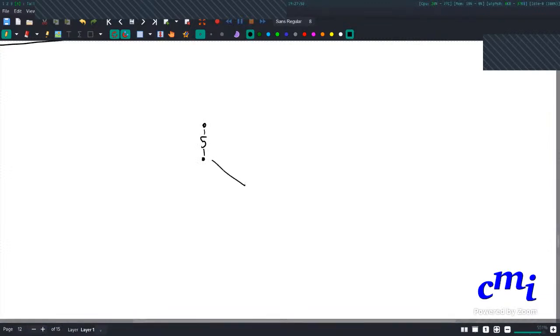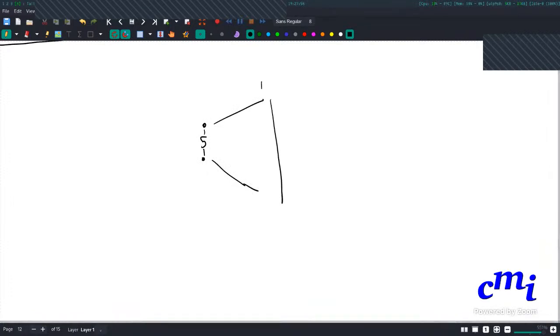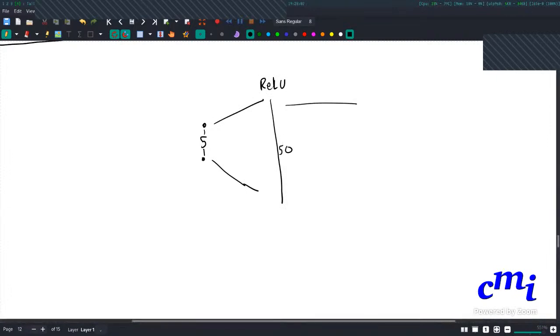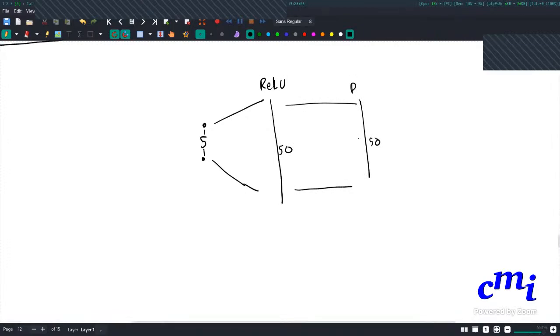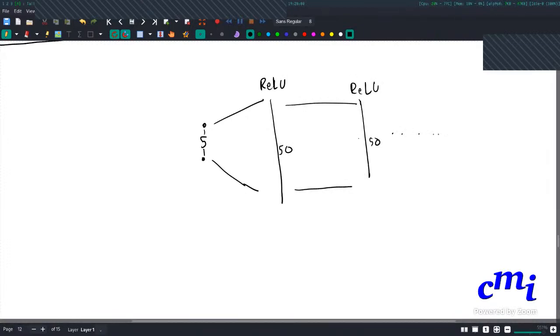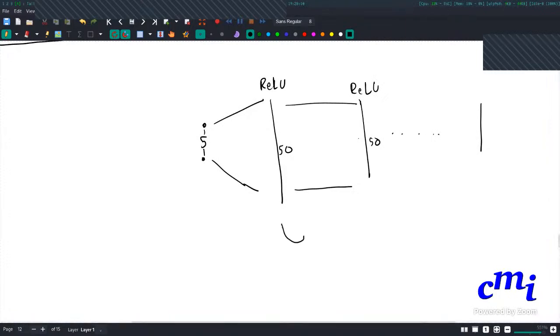And then that gets fed into some ReLU layer. So you have ReLU activations all over here, and this is again 50. And then you'll have another ReLU layer, which will again have 50, and so on, 6 times. So you'll have 6 of these.